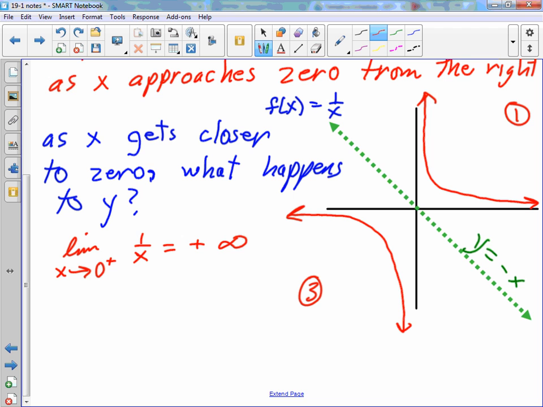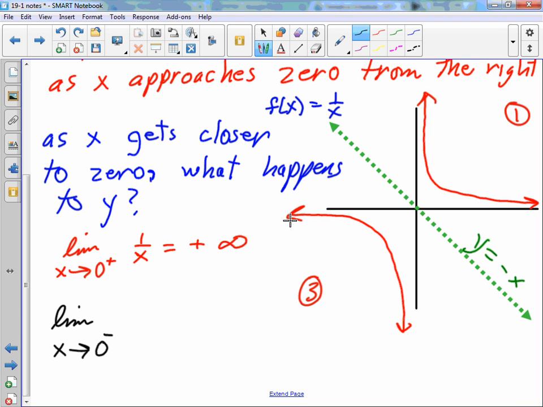Now, it's positive infinity because positive infinity is the infinity up here. Let's look at the other side. Its alter ego. The limit as x approaches 0 from the negative side or the left side.